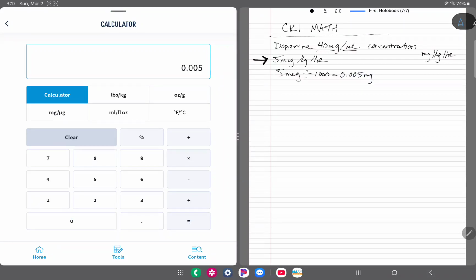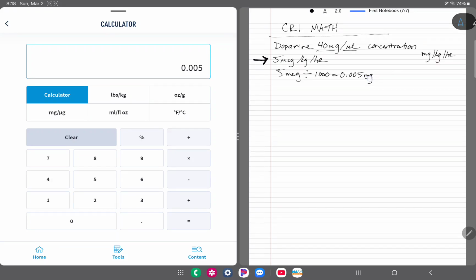0.005 milligrams. And that should make sense because a milligram is a very large dose compared to 5 micrograms. It's a difference of 1,000 pieces, I suppose you could say.